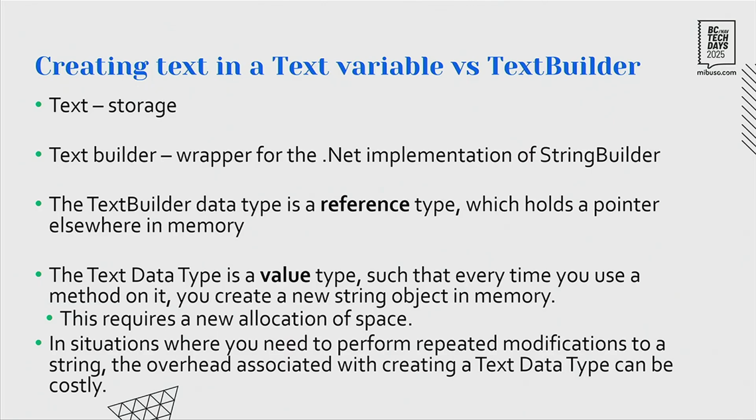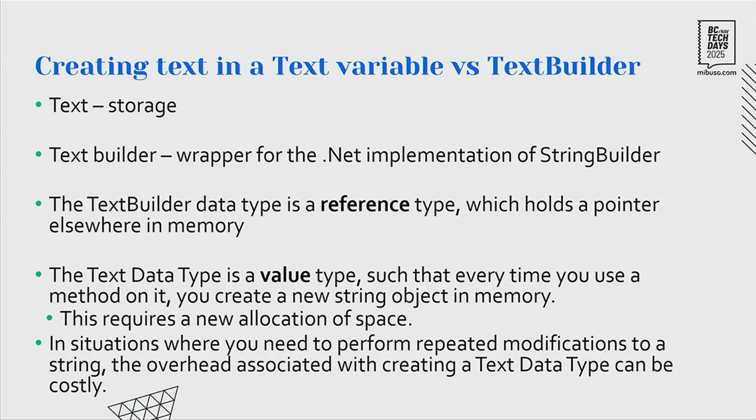Okay, but let's move to the next example. If you are crafting some texts, what are the differences between the text variable and basically the text builder variable? So mainly it is how the data is stored on the platform, Business Central itself.